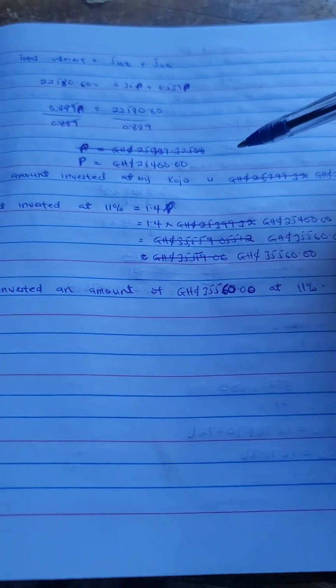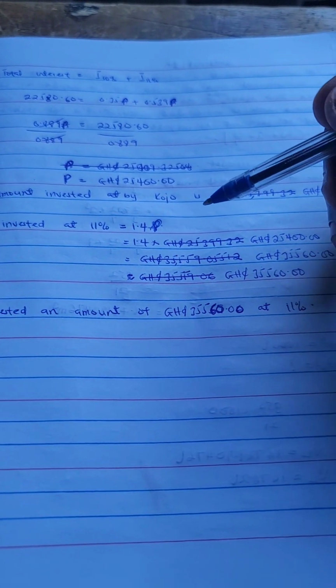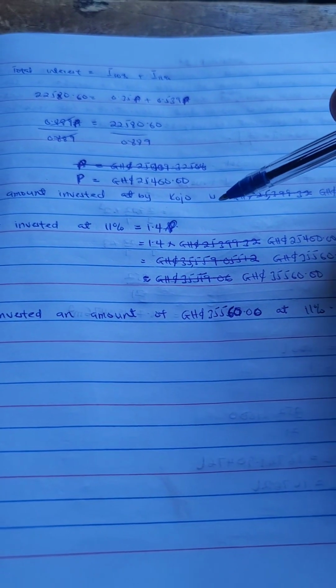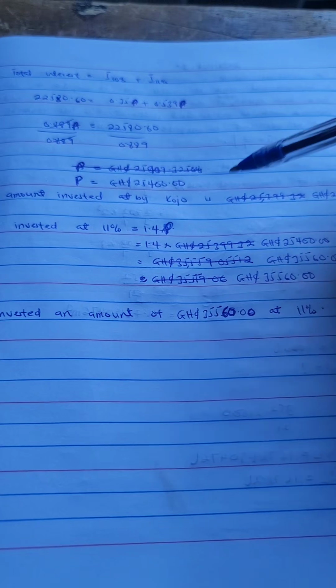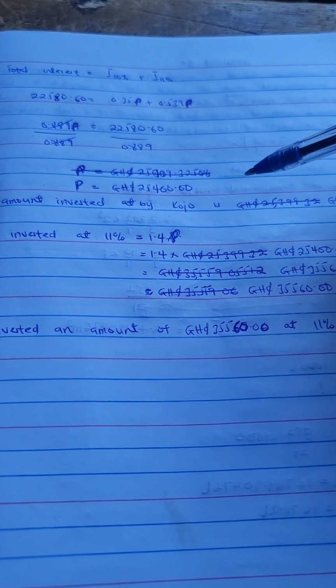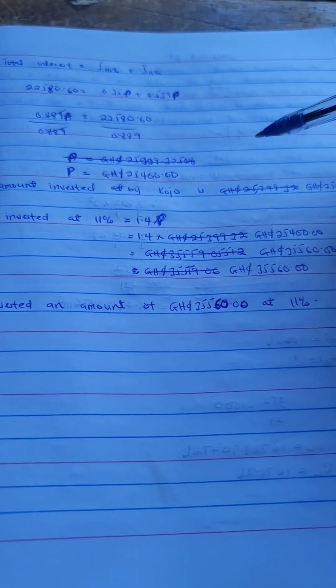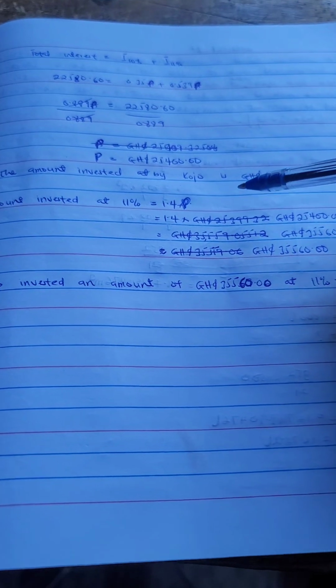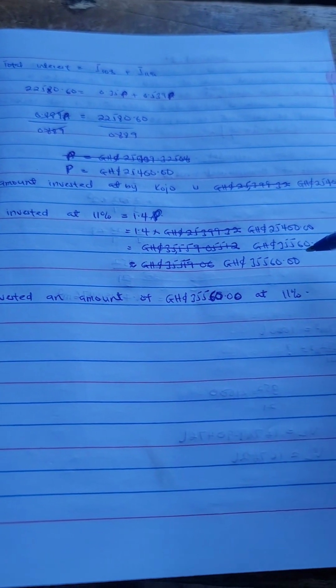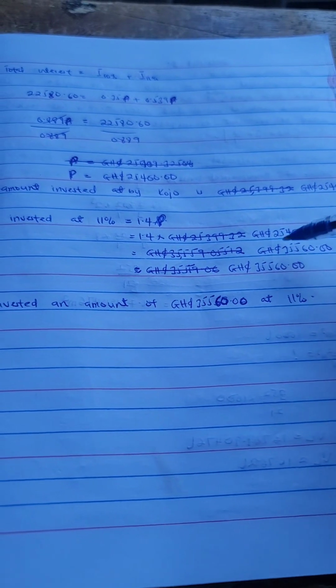So the amount invested at 11% was 1.4 times, that's 140%, the amount invested at 10%. So you just multiply 1.4 by the amount Kojo invested at 10%, which you got as 25,400 Ghana cedis.